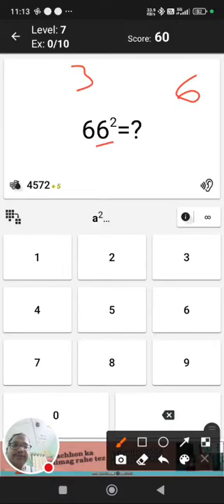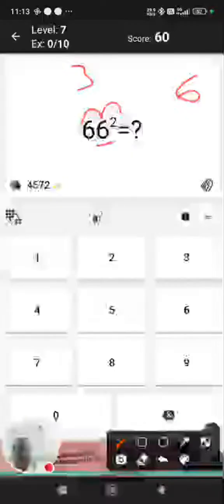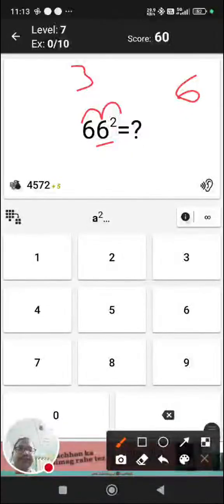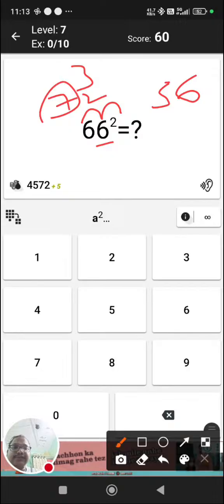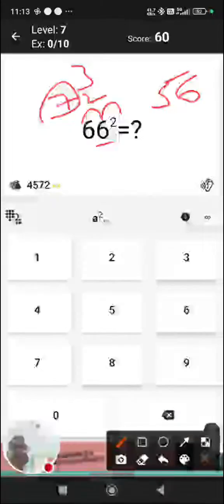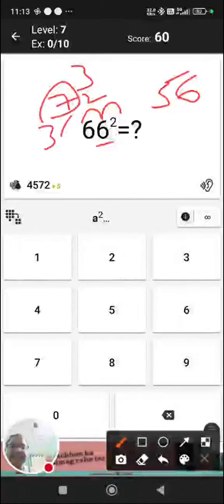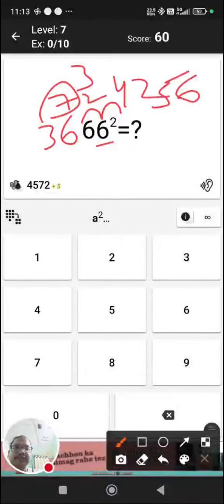Next we do 6 into 2, which will be 6 12 times 72. So 72 plus 3, which will be 75. 5 here, 7 left here. 6 times, which will be 36. So 7 plus 36, which will be 42. So answer will be 4256.